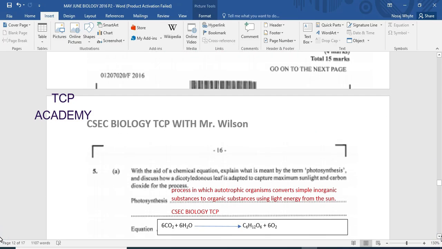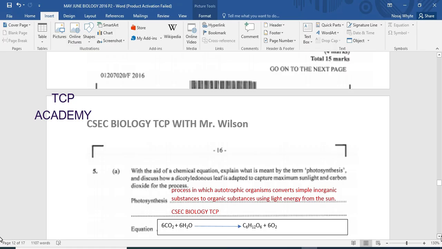And we move on to question number 5. With the aid of a chemical equation, explain what is meant by the term photosynthesis and discuss how a dicotyledonous leaf is adapted to capture maximum sunlight and carbon dioxide for the process. Now this is like straight textbook, and I really didn't expect the question to come as it is here.